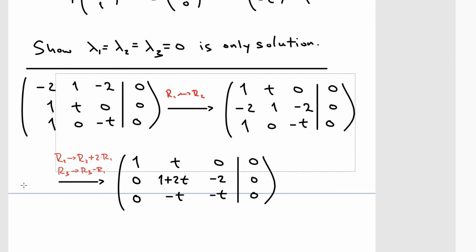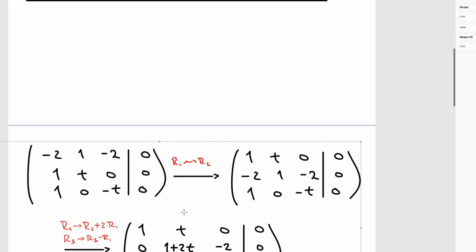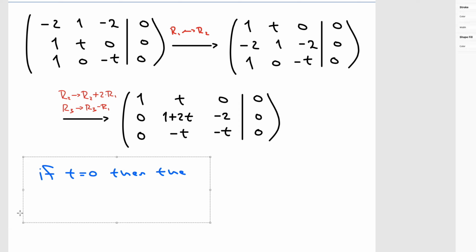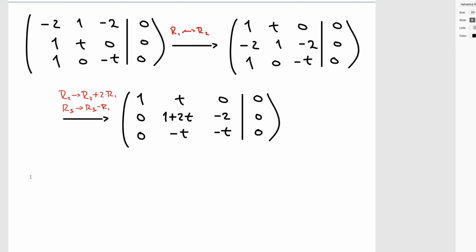So that's our new matrix. Let's actually move all of this down here. And first of all, okay, this is getting a little bit tricky now. So notice that if t equals 0, we'll have an infinite number of solutions. So if t equals 0, then let's actually write this out instead of looking at my handwriting.